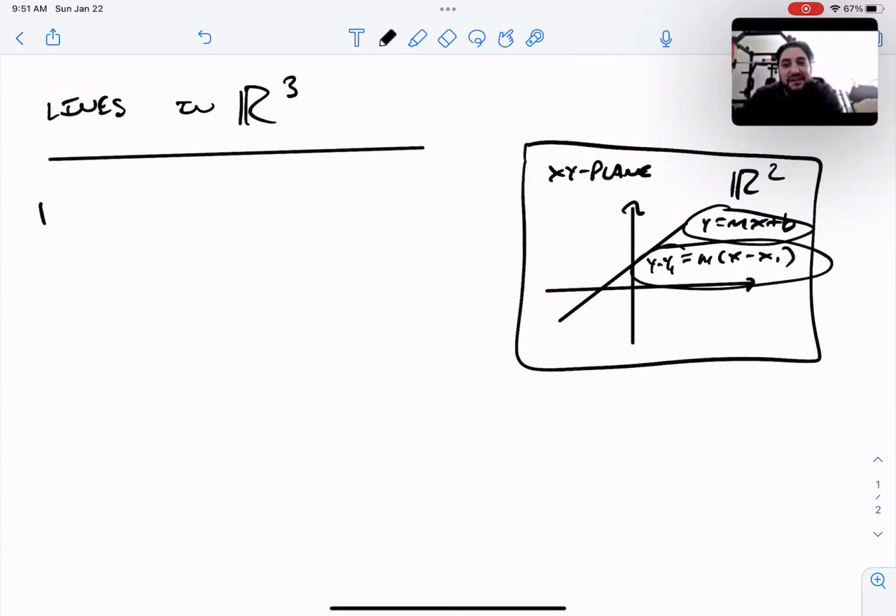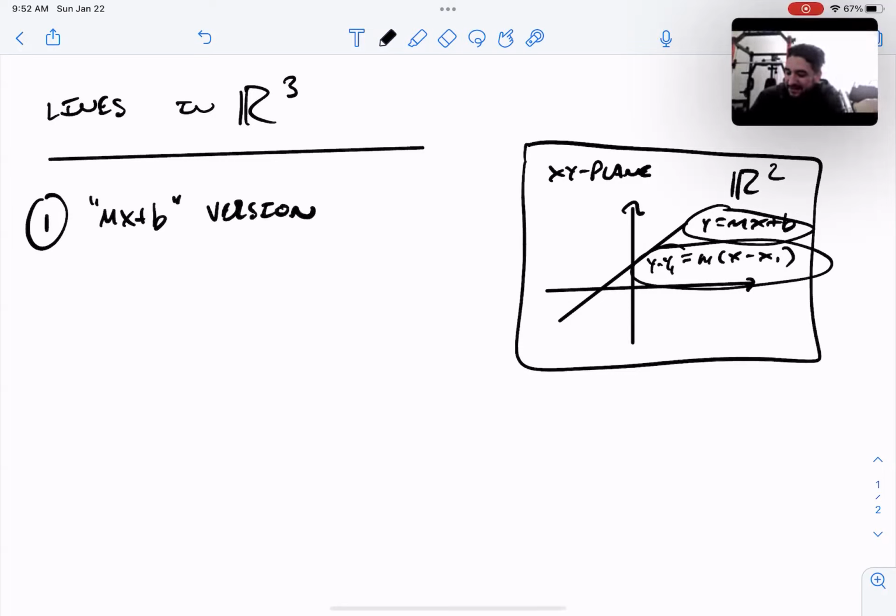So we're going to have a three-dimensional parallel of each of these. I'm going to call this first one the mx plus b version of a line in 3D.